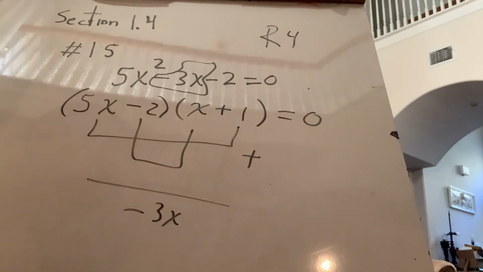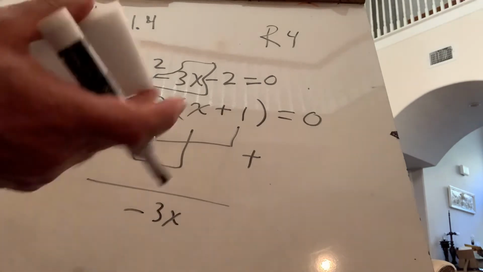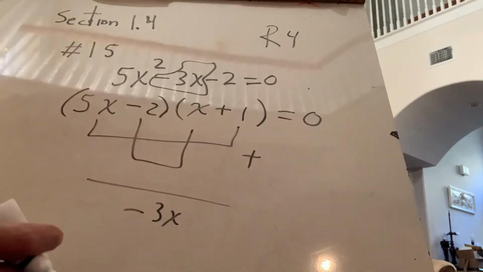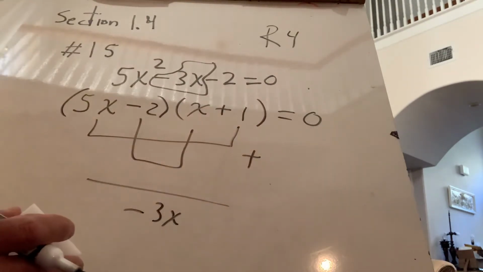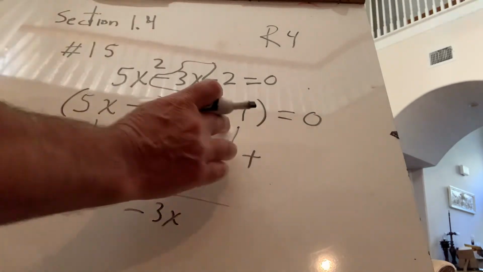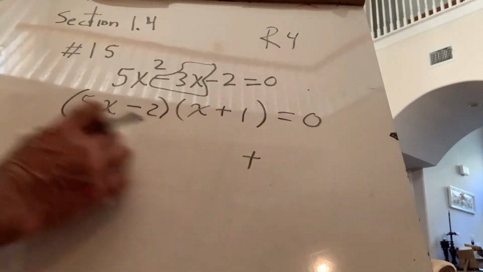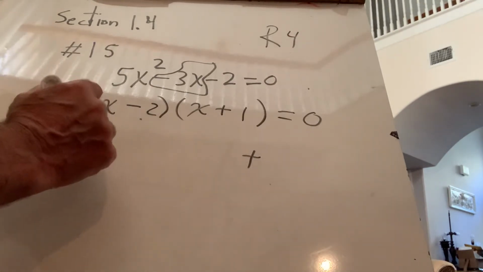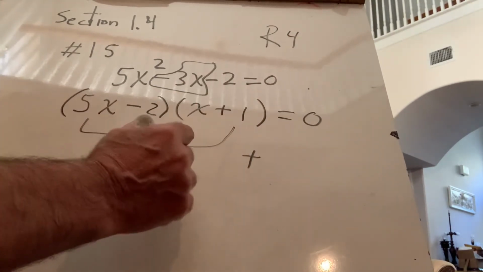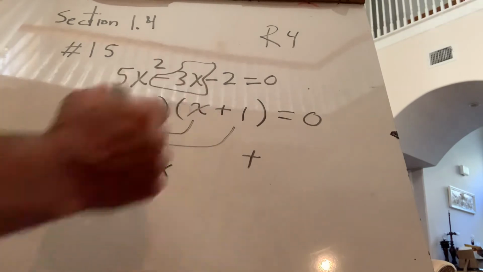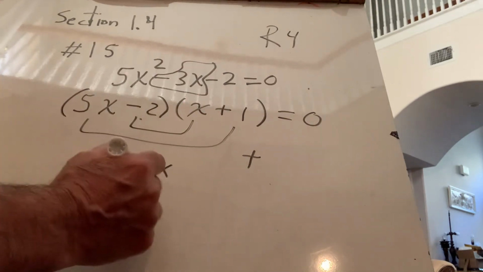Some of you might have learned that before in your previous math courses. Some of you might have learned something called the box method. Some people use factor by grouping, but to me, it's always the easiest to do it by trial and error. Anyway, let's check to see if these are the correct factors. So 5x times 1 is, of course, 5x. Negative 2 times x becomes negative 2x.